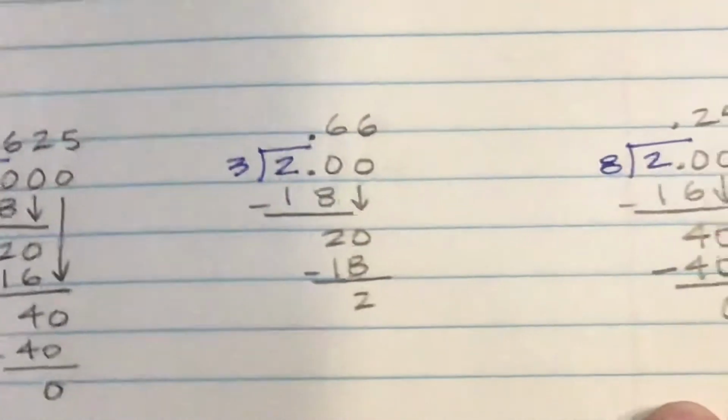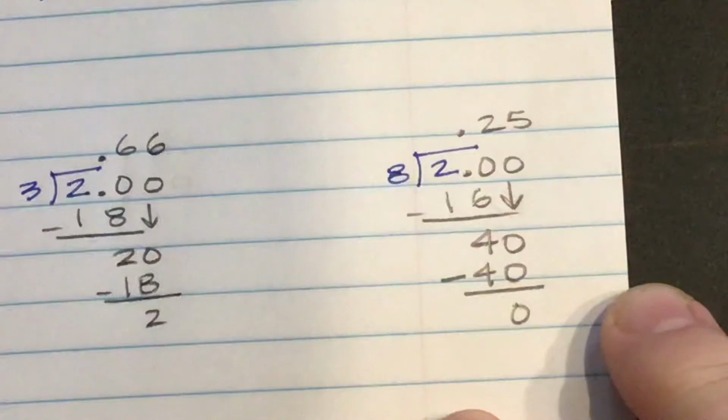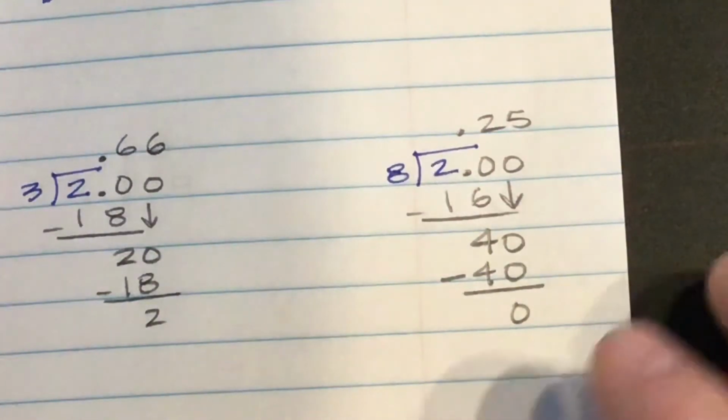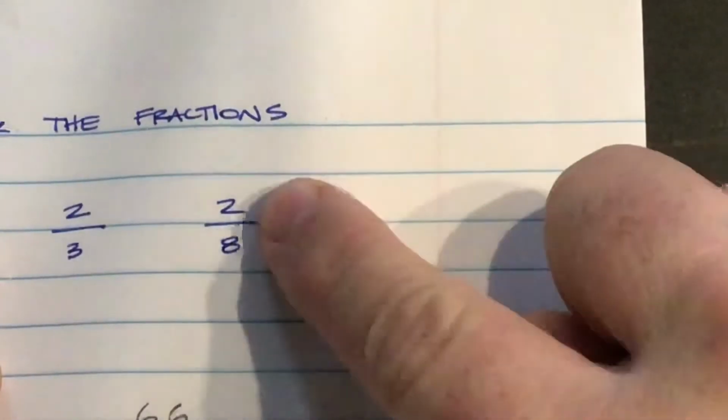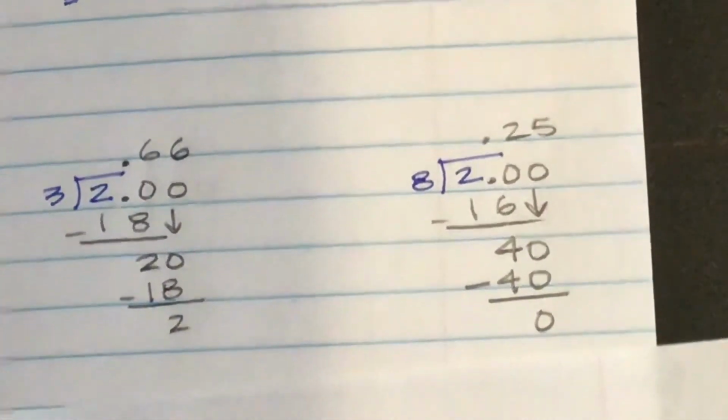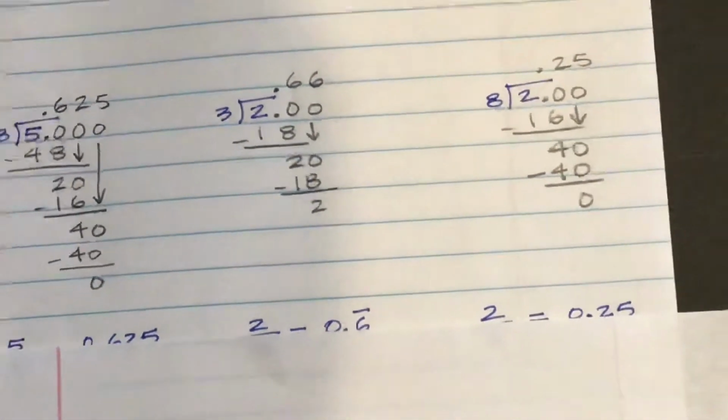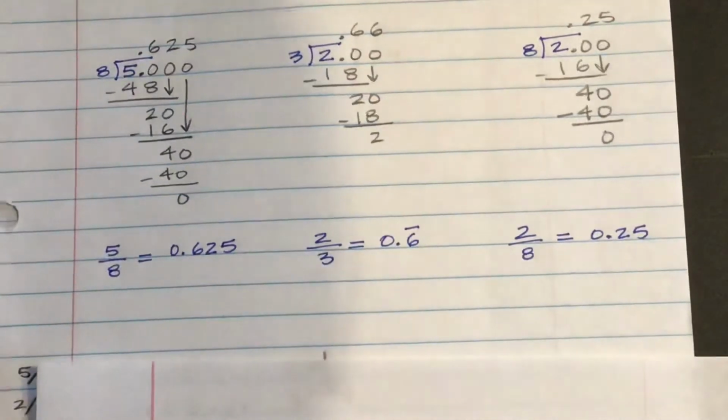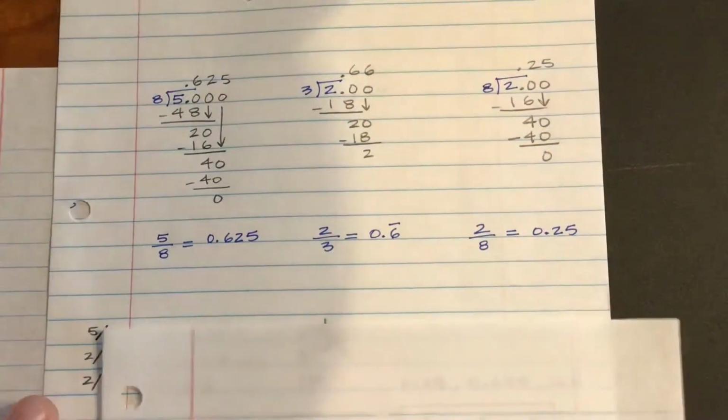And then 2/8 is just 2 divided by 8, and that is 0.25. And you might notice that because you may recognize that 2/8 is equivalent to 1/4, and you may have 1/4 memorized as 0.25. So there's my 3 division problems, which gives me 3 decimals.